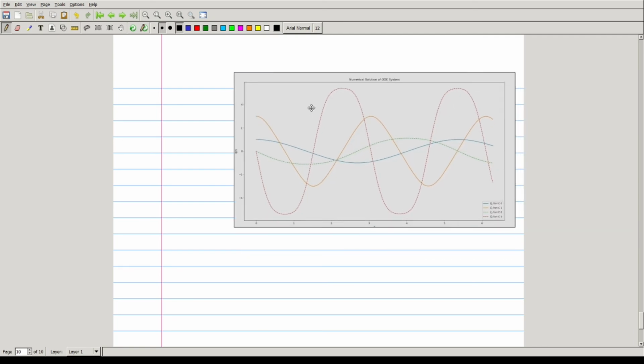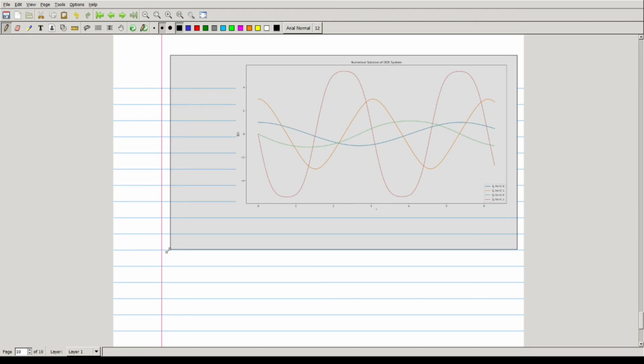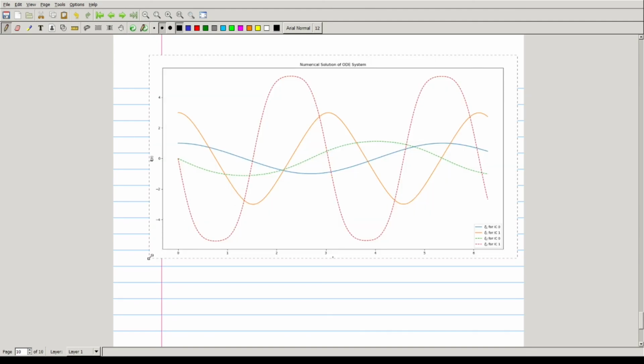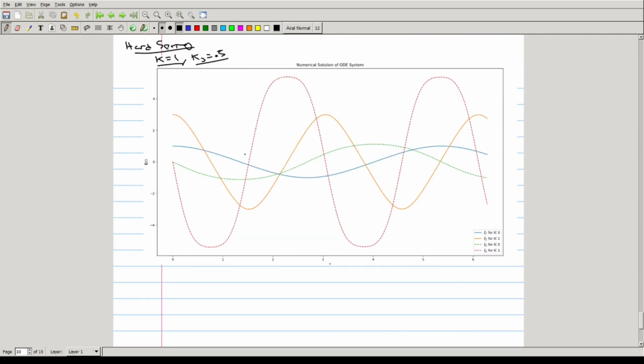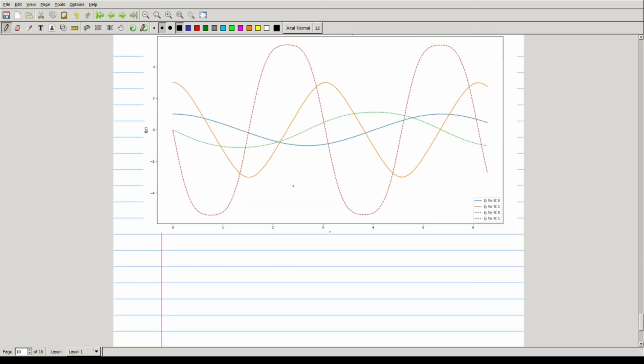So for the hard spring, we have a result that looks like before. And really, it looks kind of like a combination of the purely linear case and the positive value of k for the purely cubic case.